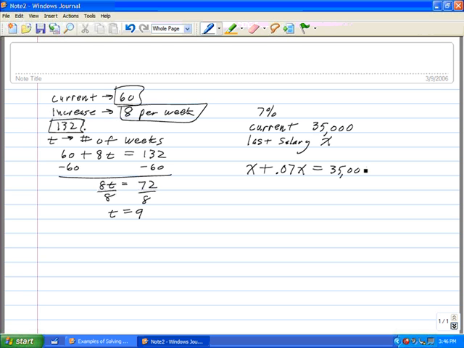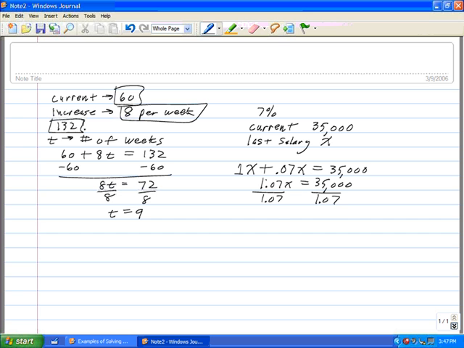the current salary. Now at this point, we are now able to combine like terms. So adding and treating this like a 1x to a 0.07x, we get 1.07x equaling 35,000. We're going to divide off the 1.07.